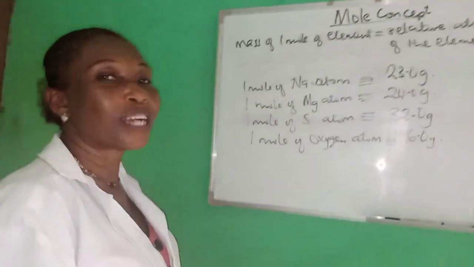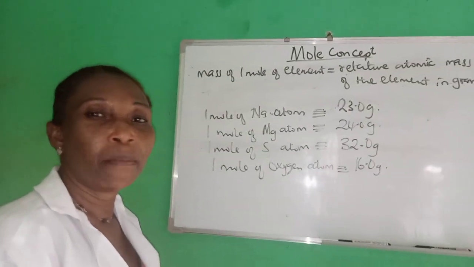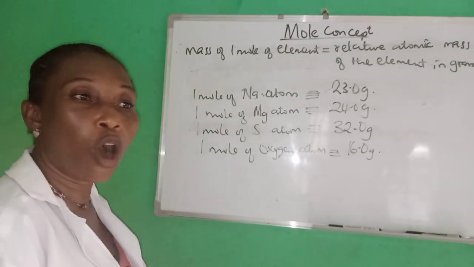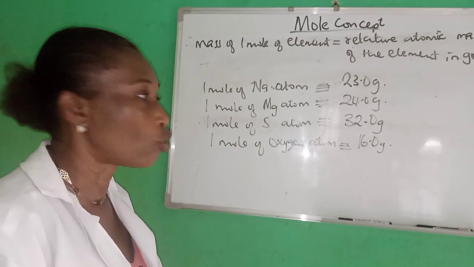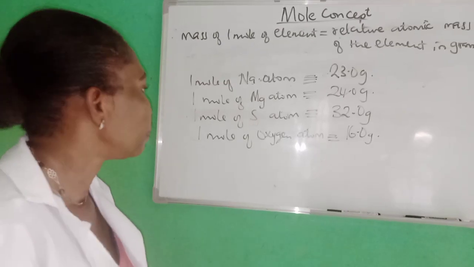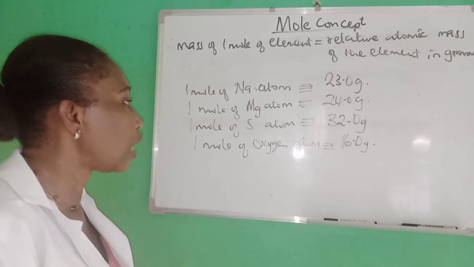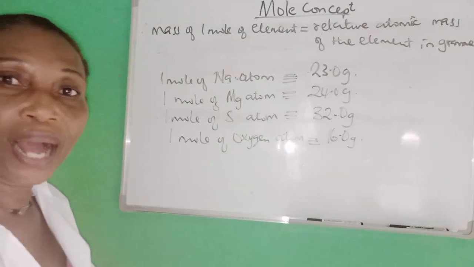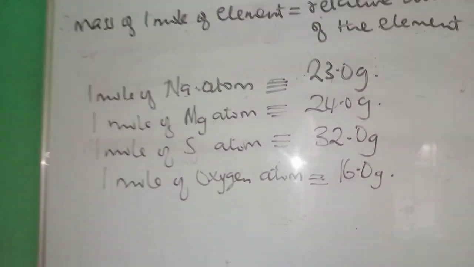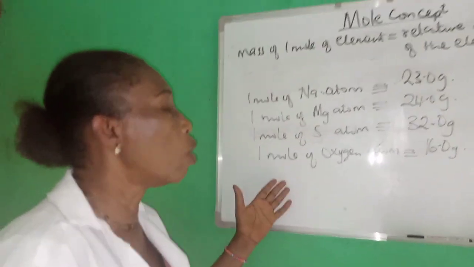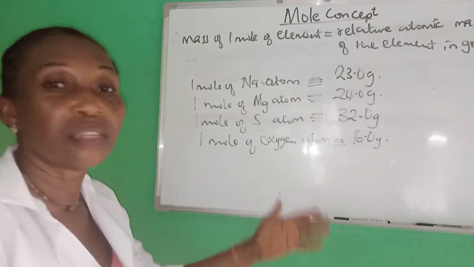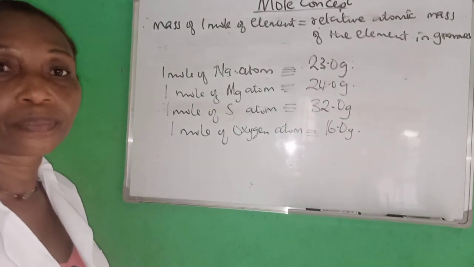Then 1 mole of magnesium atom has a mass of 24.0 gram. 1 mole of sulfur atom has a mass of 32.0 gram. And then 1 mole of oxygen atom has a mass of 16.0 gram, and so on and so forth. When you equate the 1 mole of an element to its relative atomic mass.